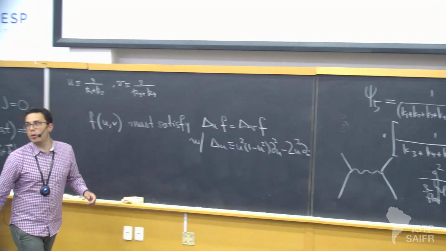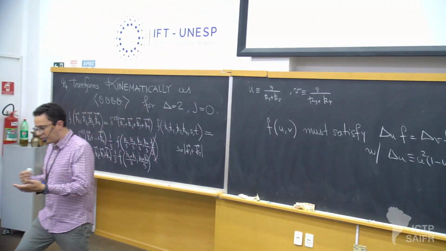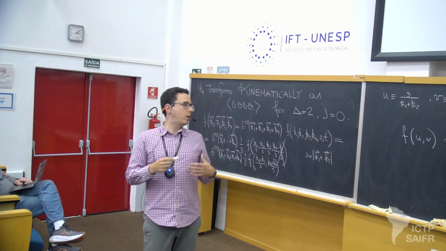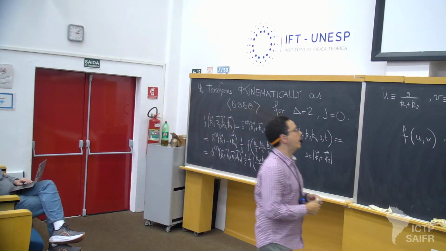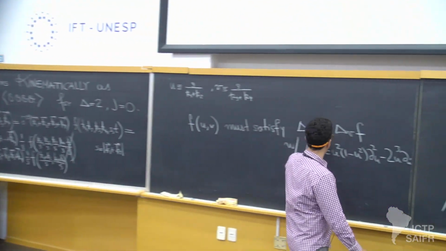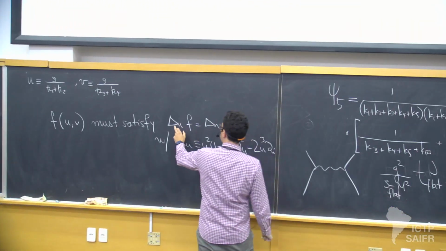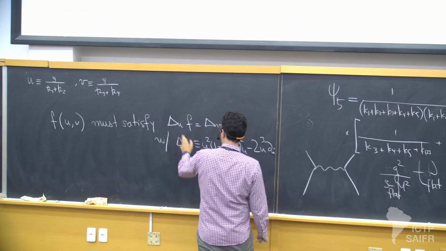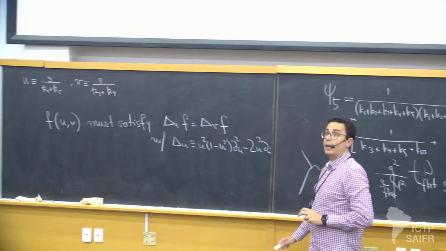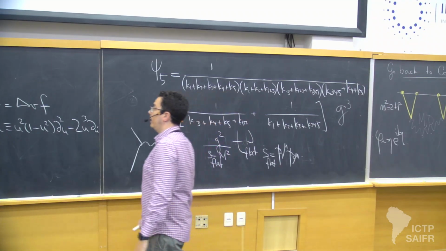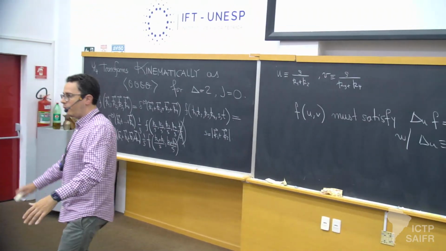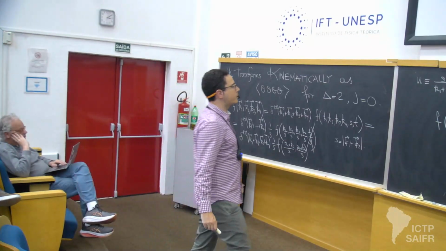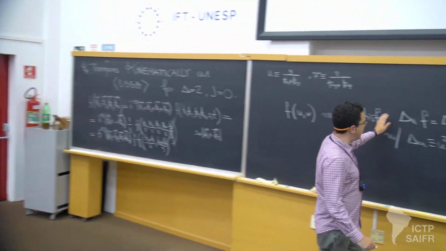So there's a second order differential operator, because boosts depend on second derivatives of the momenta. And any function of u and v that solves this equation, a PDE in u and v with this hypergeometric-like operator, is fair game.